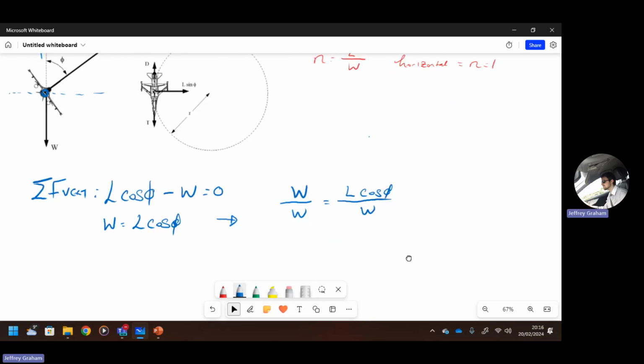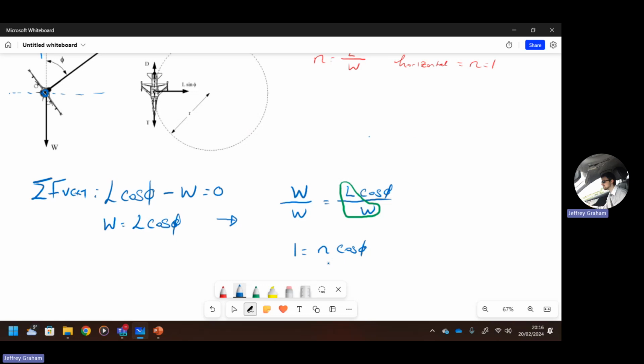We should be able to see here that on the left-hand side, whatever the weight is, dividing by the same number will give you 1. On the right-hand side, we have this magic ratio of the lift divided by the weight, which gives you N. And of course, the bank angle hasn't changed.